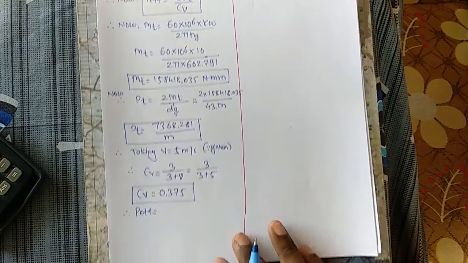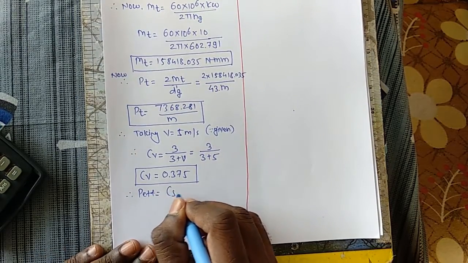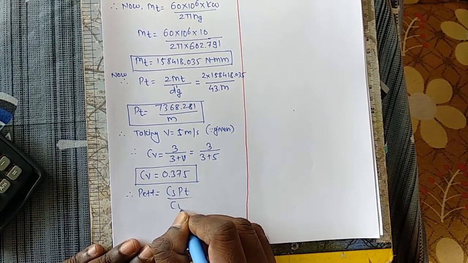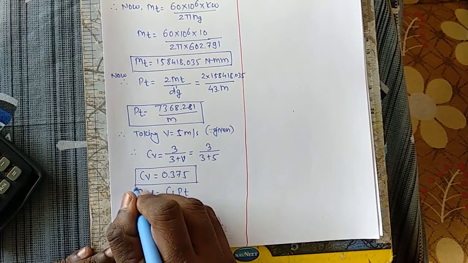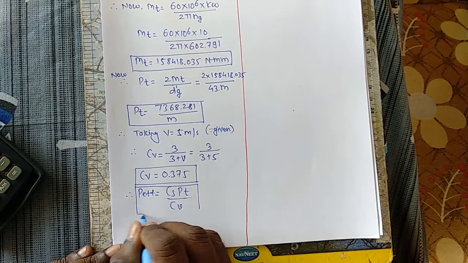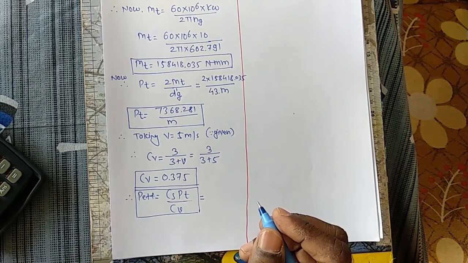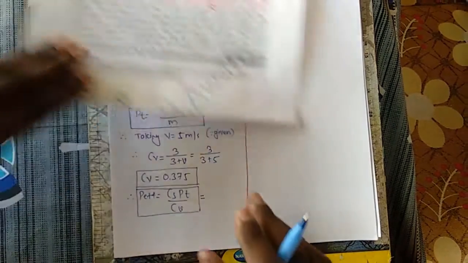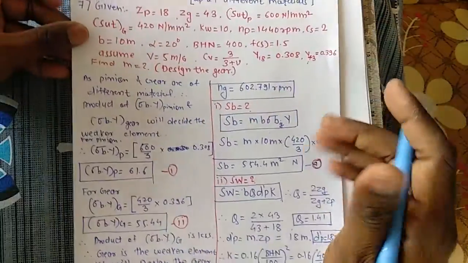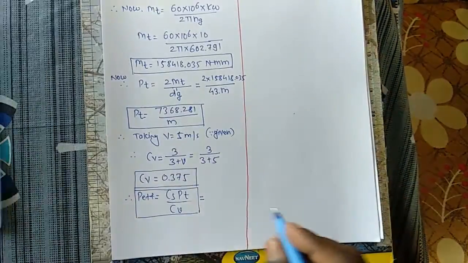Therefore now P effective is equal to CS times PT divided by CV. We will see the service factor. I think in the problem the service factor is twice the radiator factor, that's why CS is equal to 2.